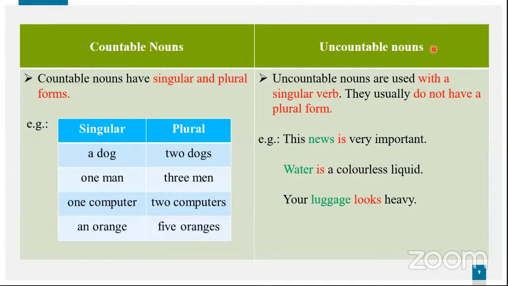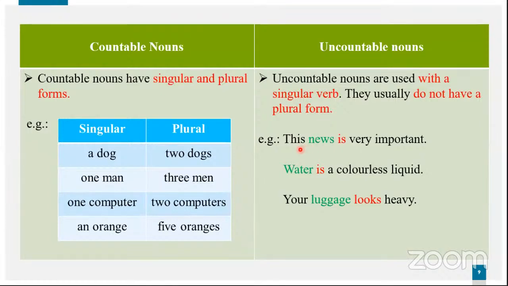In uncountable nouns, we use them with a singular verb, right? We usually use an uncountable noun with a singular verb. They usually do not have a plural form, right? Look at this one.